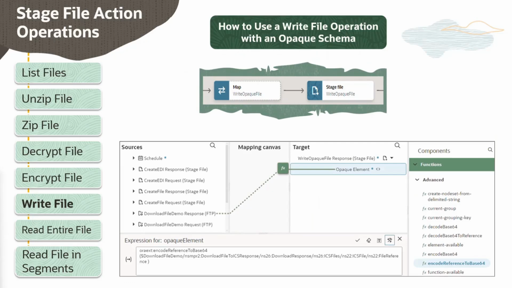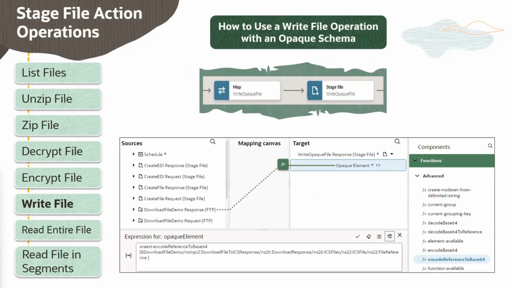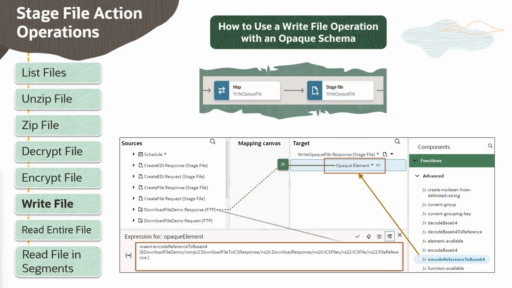Then when you open the newly created map action, you'll see the required opaque element that needs to be mapped. Expanding advanced functions, you drag and drop the encode reference to base 64 function, which is now added to the expression editor for that element. Now just locate the file reference and provide that as the function's argument.